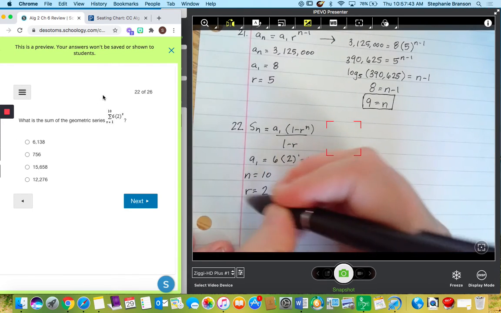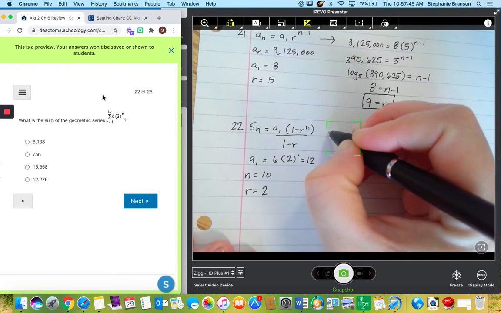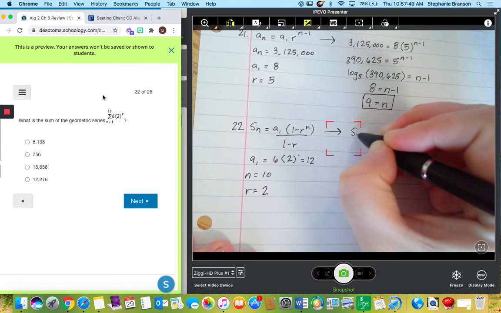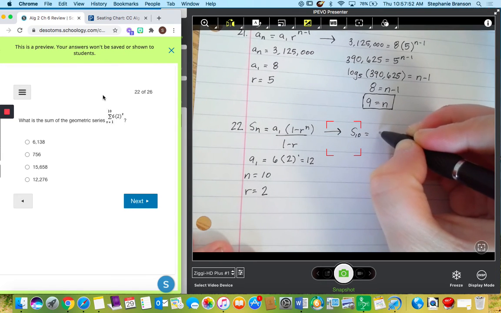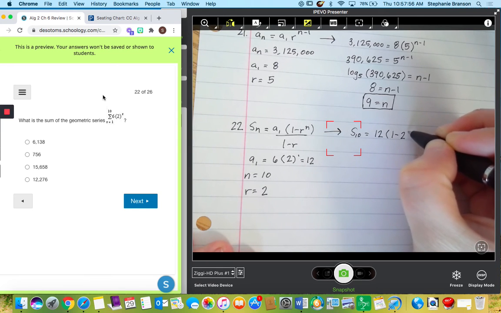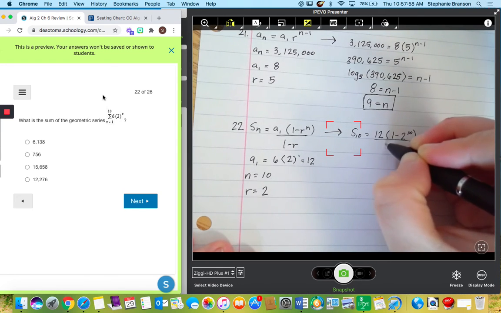So now we're just going to take this information and plug it into this formula here. So S sub 10 is equal to 12 times 1 minus 2 to the 10th power over 1 minus 2.